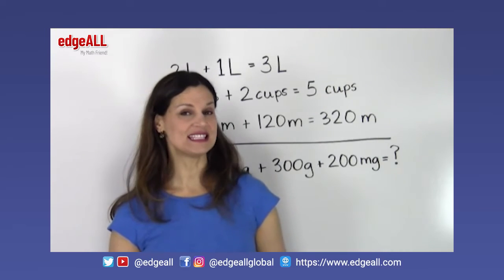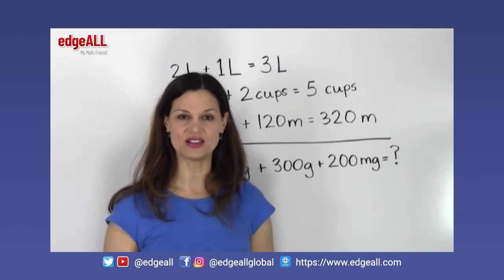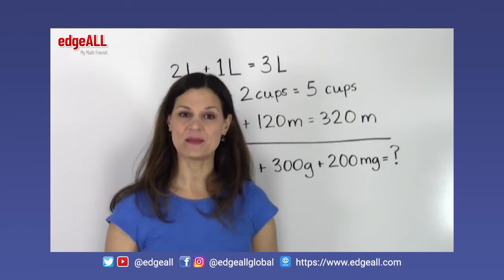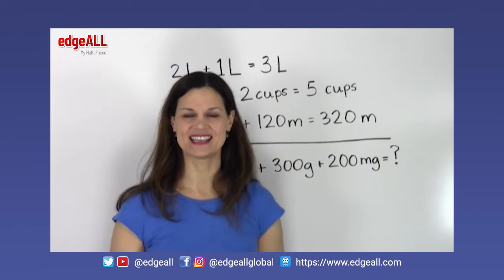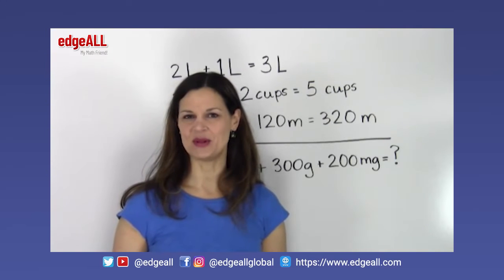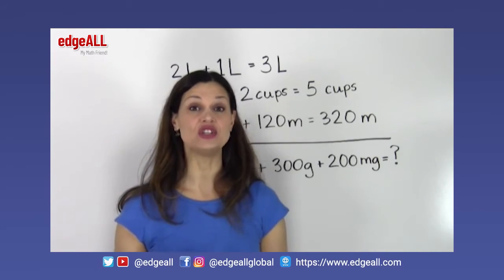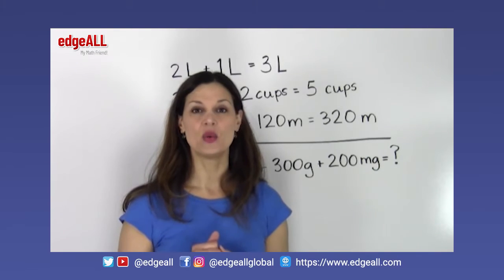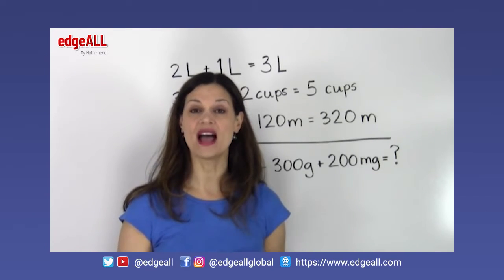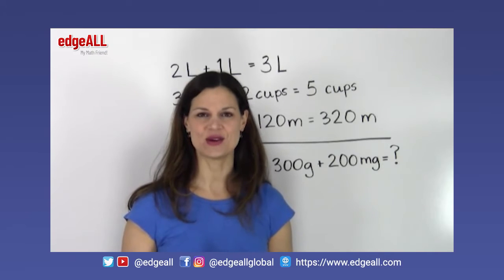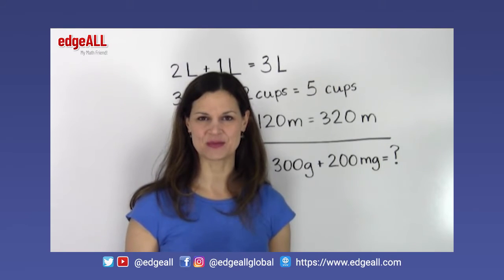Addition of units gets a little bit more difficult when you are adding numbers with different units. So, for example, 1 kilogram cannot be added to 2 grams without converting one or the other so that the units match.